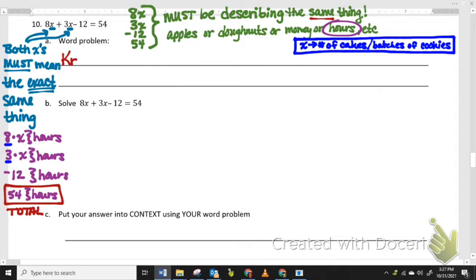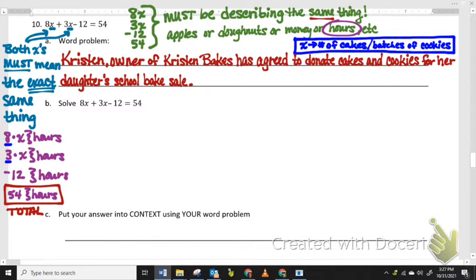So, Kristen, owner of Kristen Bakes, has agreed to donate cakes and cookies for her daughter's school bake sale.